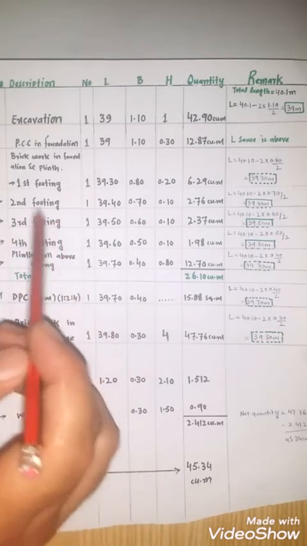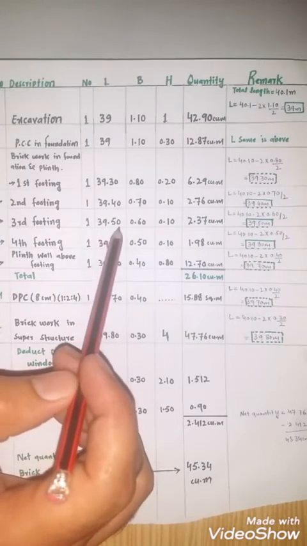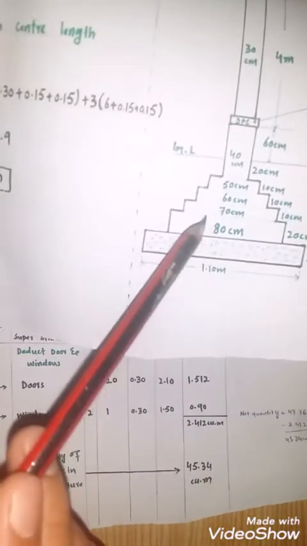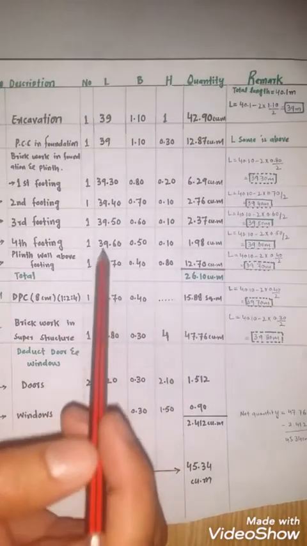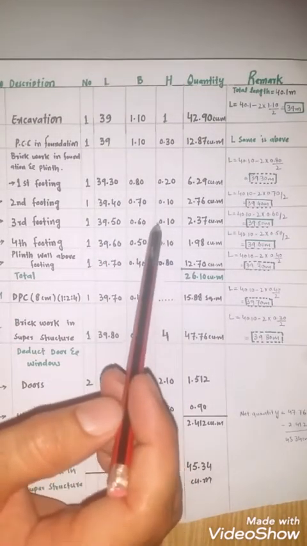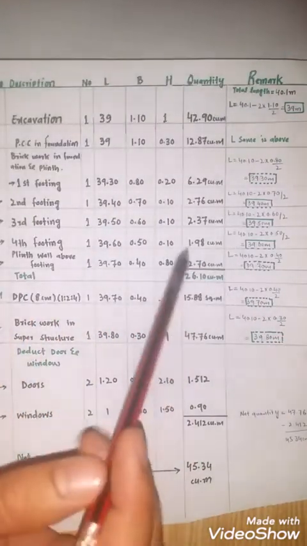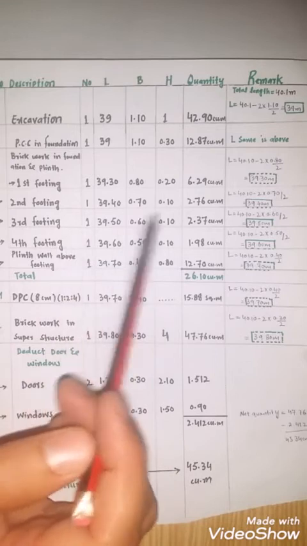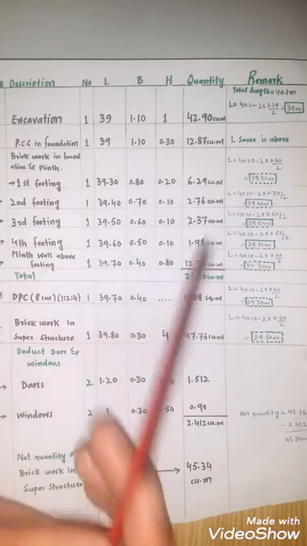Now find brickwork for third footing. The length is 39.50. The breadth is 0.60 meter or 60 centimeter. The height is equal to 0.10 meter. The quantity of third footing is equal to 2.37 cubic meter.